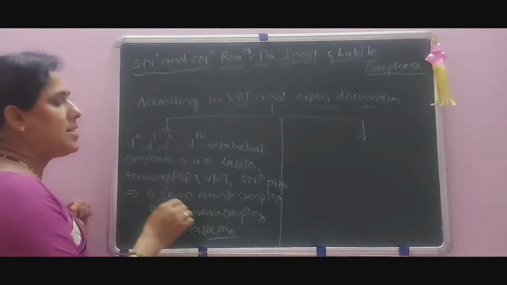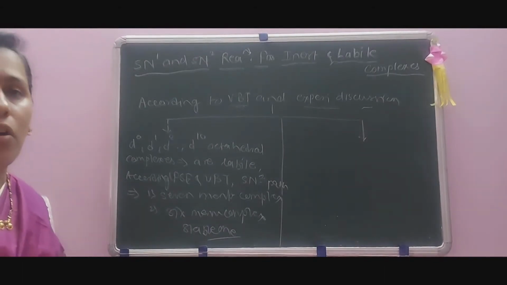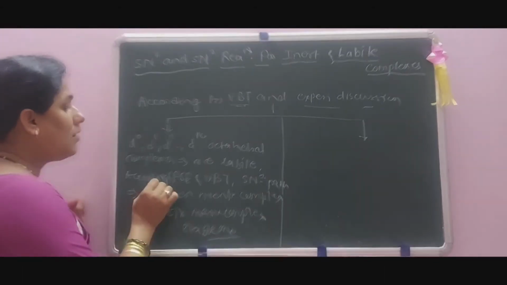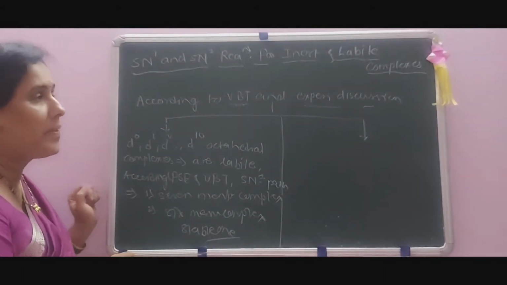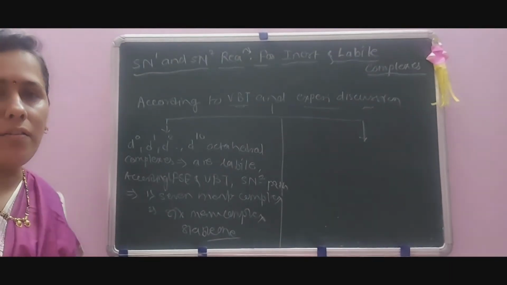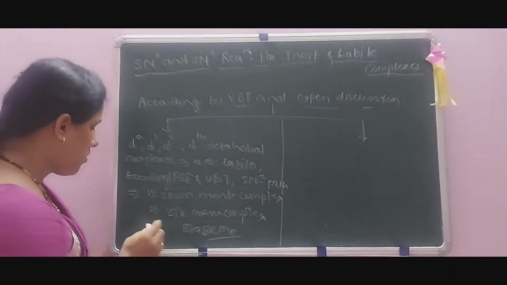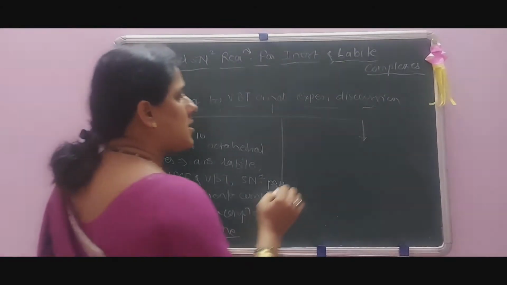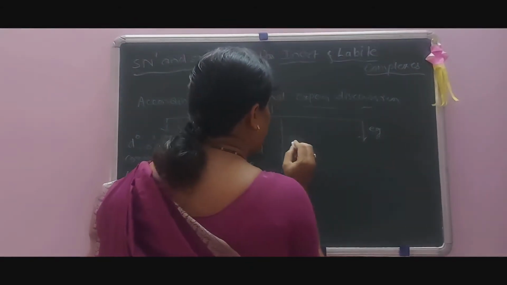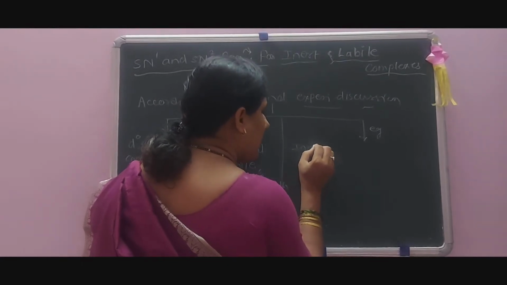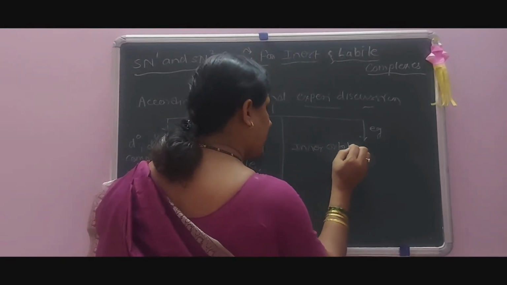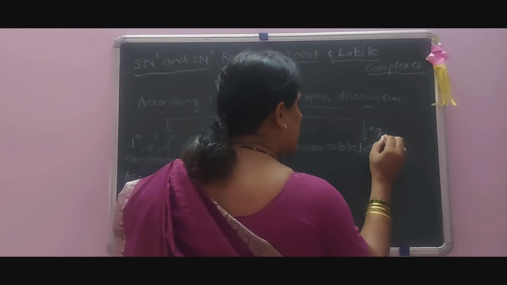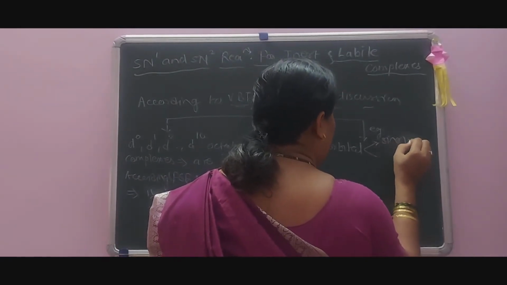But this occurs due to the d orbitals, which are the inner orbitals. The d inner orbitals are of two types, the T2G orbitals and the EG orbitals. Here the EG orbitals are either singly filled or fully filled.